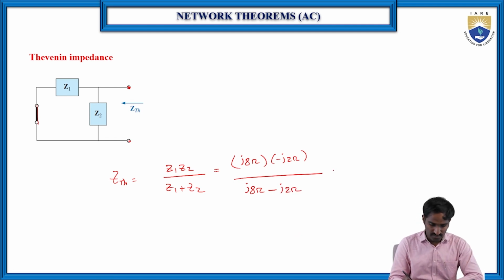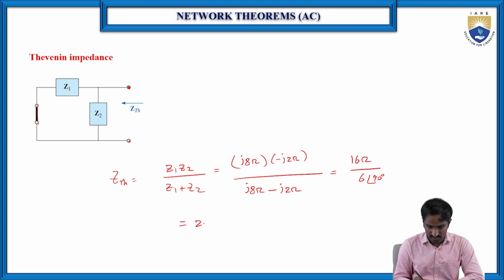Then if you simplify this, you will get 16 ohms divided by 6 at an angle of 90 degrees. If you further simplify this, it is 2.67 ohms at an angle of minus 90 degrees.